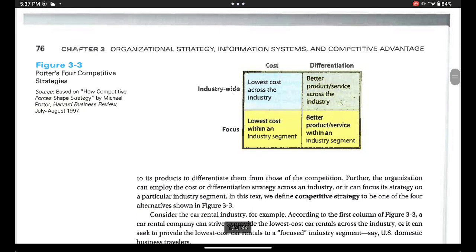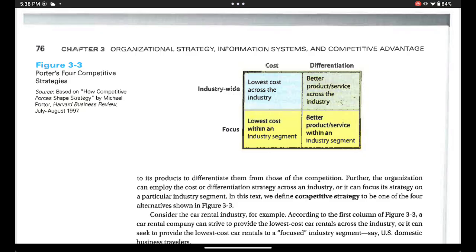Two types: industry-wide or focus. Industry-wide means, let's say all the car companies in South Africa, if you want to compete against all of them, you'll do a cost method, right, if you want to lower your cost, or differentiation, if you want to do different products and make it better in the industry-wide. But focus is more on your industry segment. So let's say a very, very small part of the population.